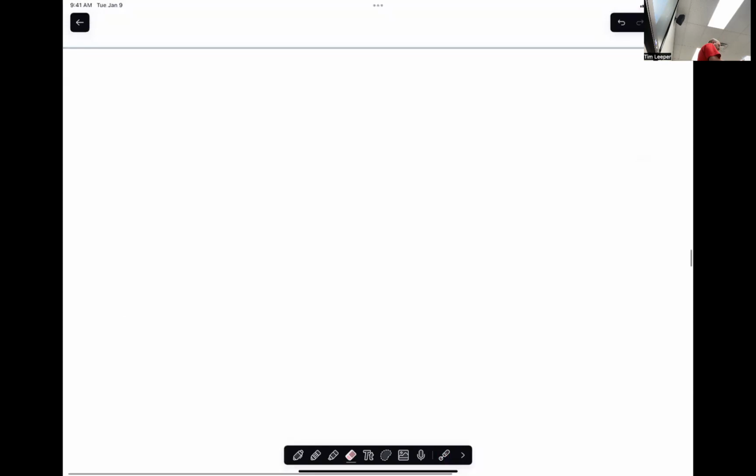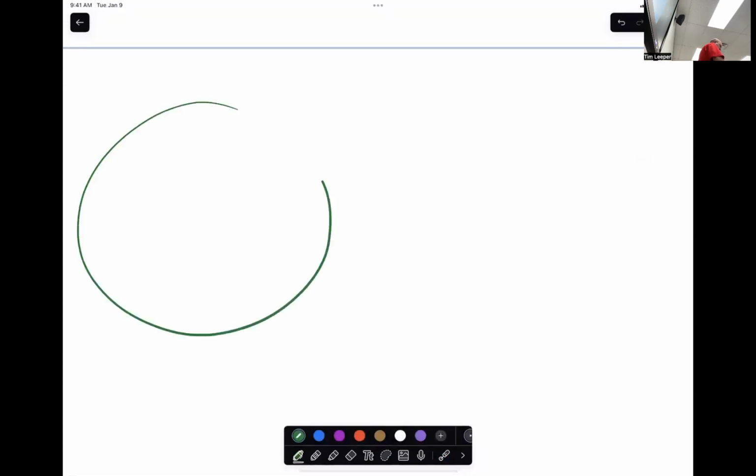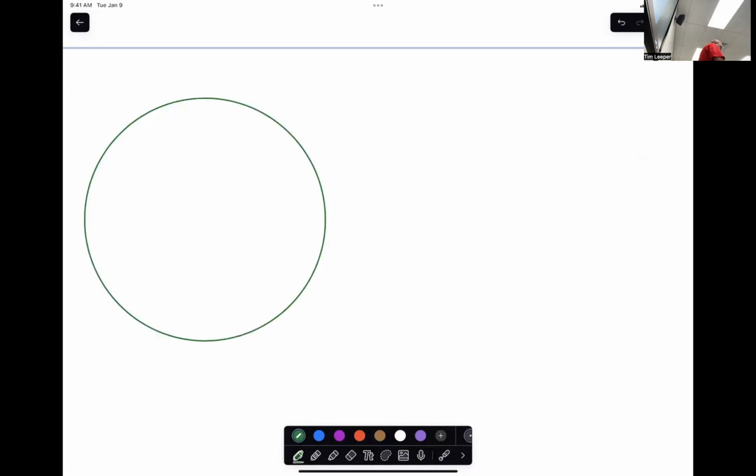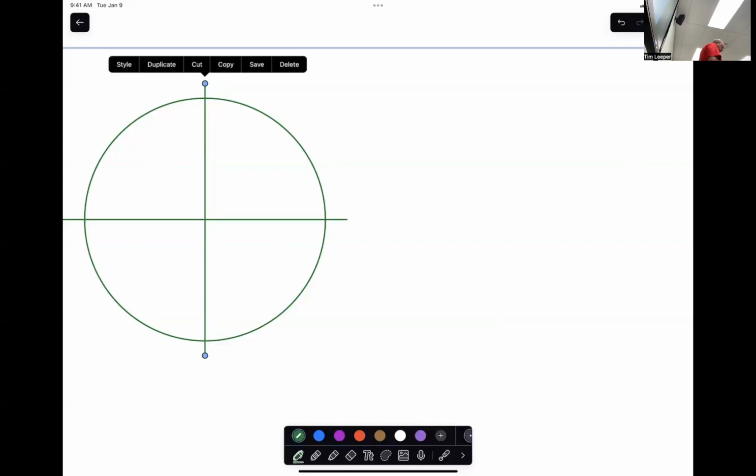Let's draw a little circle. On the circle will be on a coordinate grid. There we go. So there is our circle.